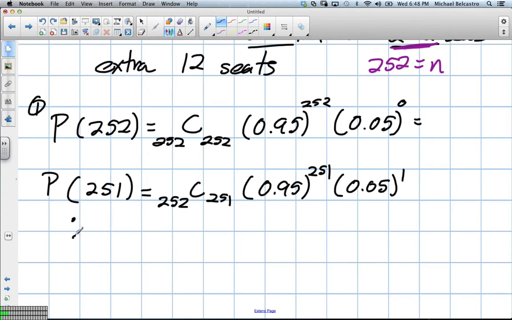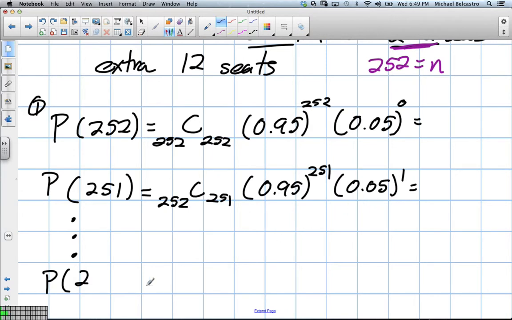We're going to continue this pattern down to what number? 240. If we go to 240, that's the probability of 240 people showing up. Will we pay any money out for 240 people showing up to a flight like this? No, because everyone will get a seat. So we're just calculating the probability of every overbooking.